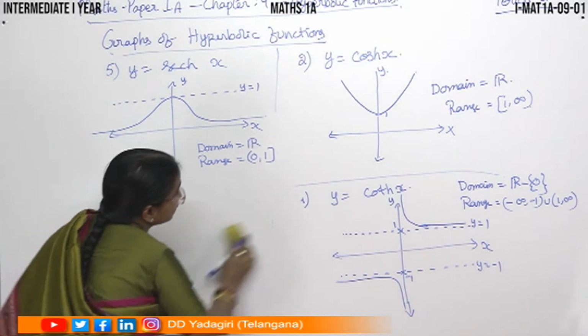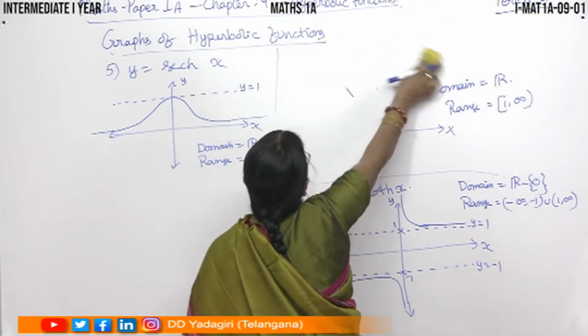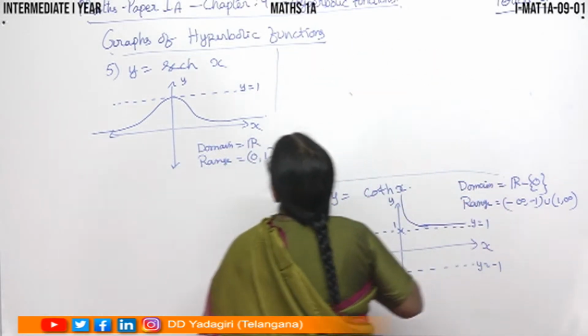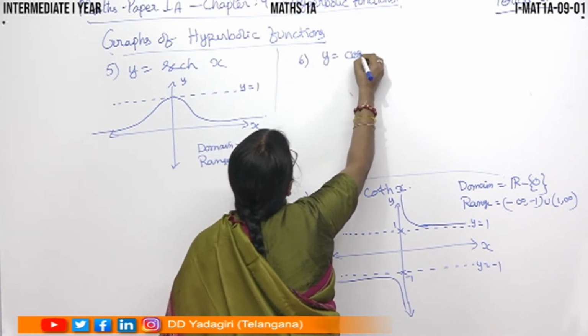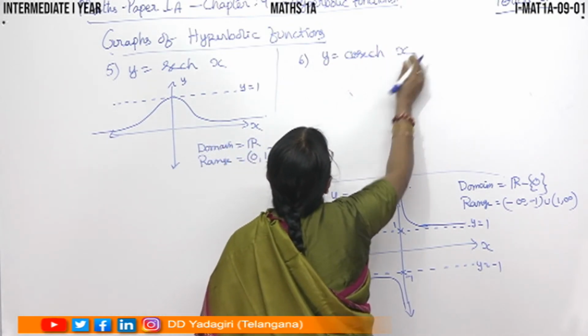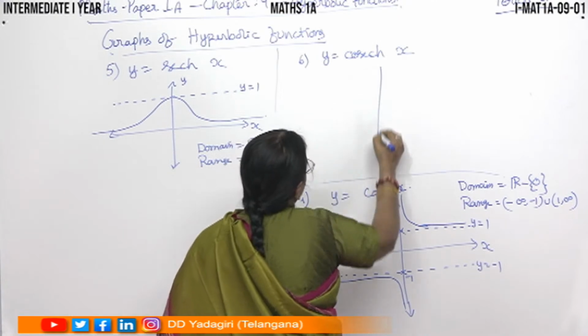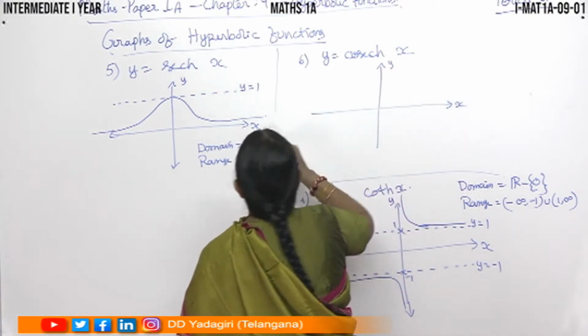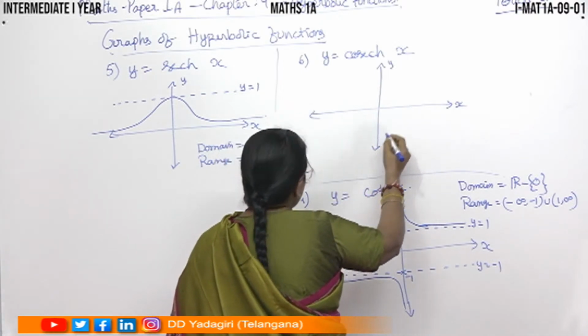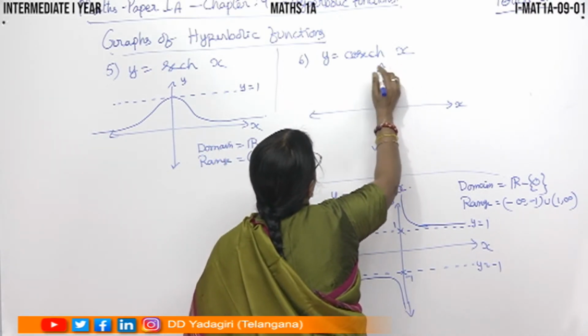Okay, next is the graph of y equals cosech x. This is the x-axis, y-axis, and you'll have the graph like this.